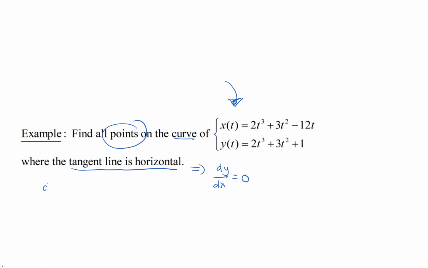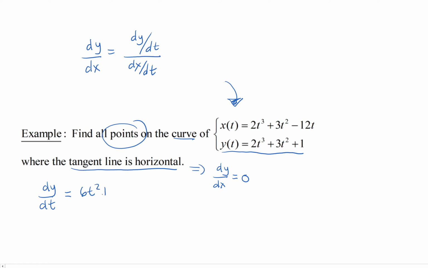Again, we find dy/dt because, just as another reminder, dy/dx is going to be dy/dt over dx/dt, like we've established in this video. And so dy/dt here, differentiate y of t with respect to t. What do we get? 6t squared plus 6t, power rule.